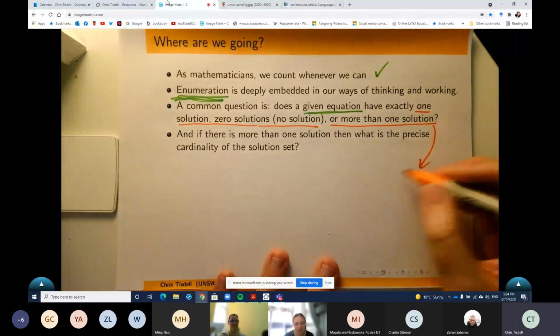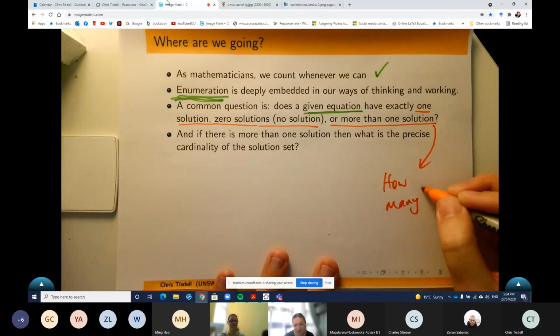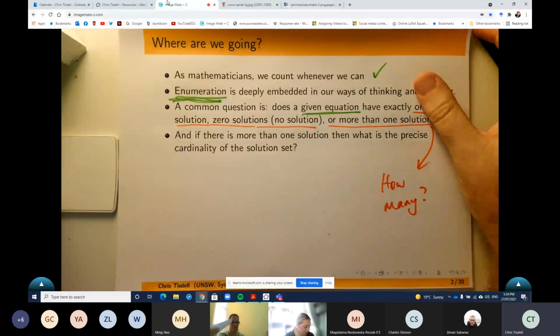And in particular, if there's more than one, how many are there exactly? So what is the cardinality of the solution set? These are some of the ideas I'm going to talk about today.